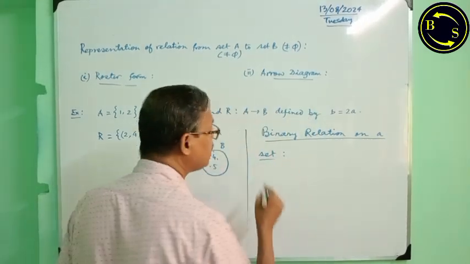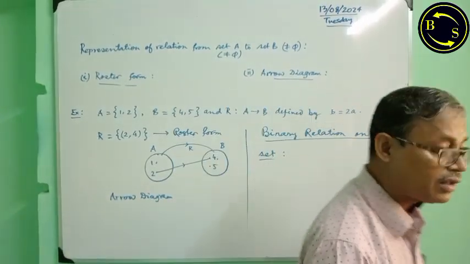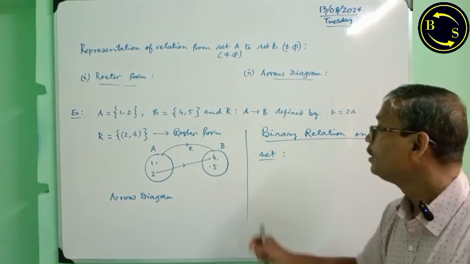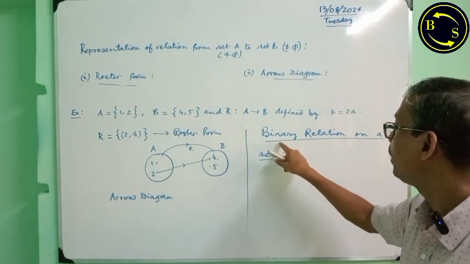Binary relation or relation. Actually, here the ordered pair contains two components, that is why we call it binary.